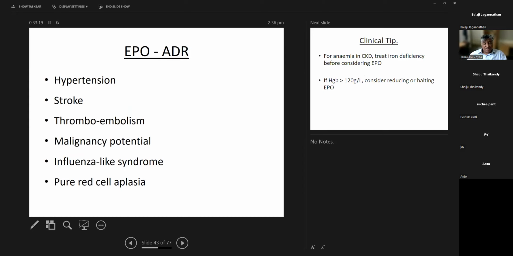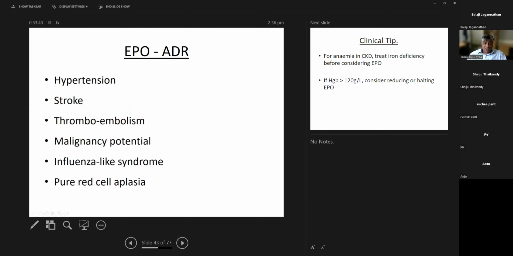EPO does have some significant side effects. So if you give EPO, you tend to push people's blood pressure up, and you tend to be more likely for them to have a thromboembolic event, whether that's a clot, a stroke, or heart attack. There are some suggestions it's associated with increased hematological malignancies.